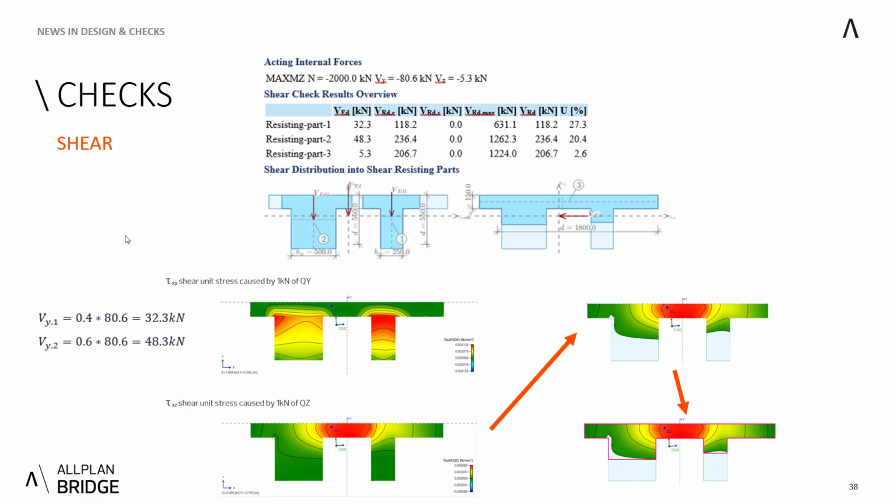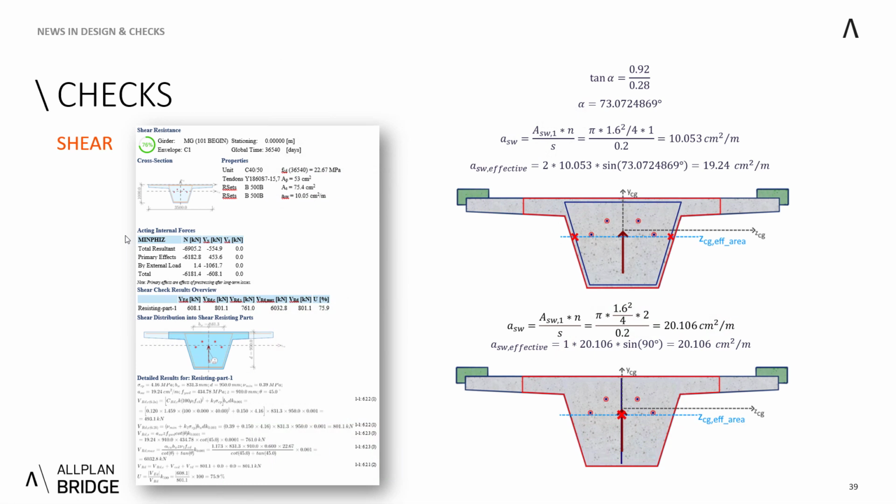When we have explained this principle, we can use our example, because as you can see, I couldn't show you this recalculation when we have only one shear resisting part, because we are only in one plane with one web. Everything is really simple. I will start by explaining that you can have two approaches of reinforcing in Allplan Bridge.